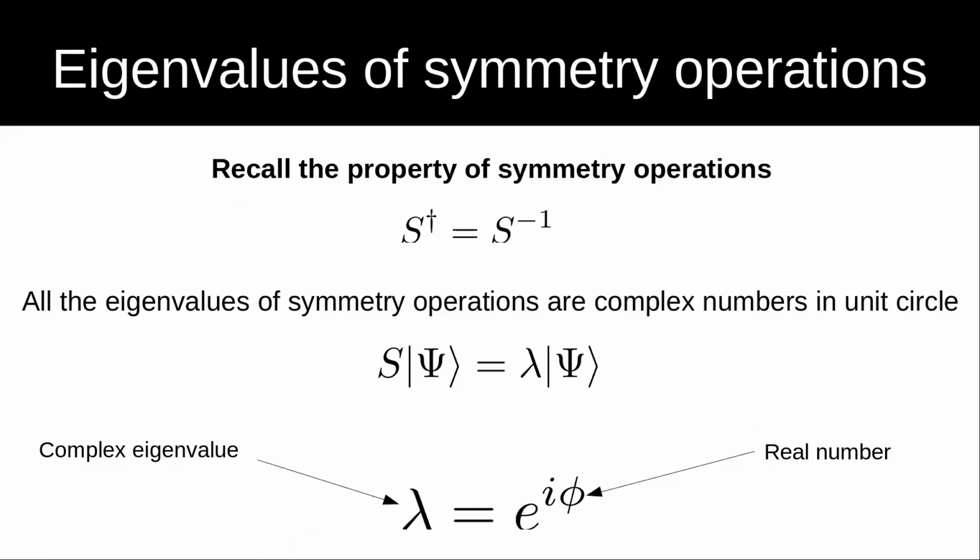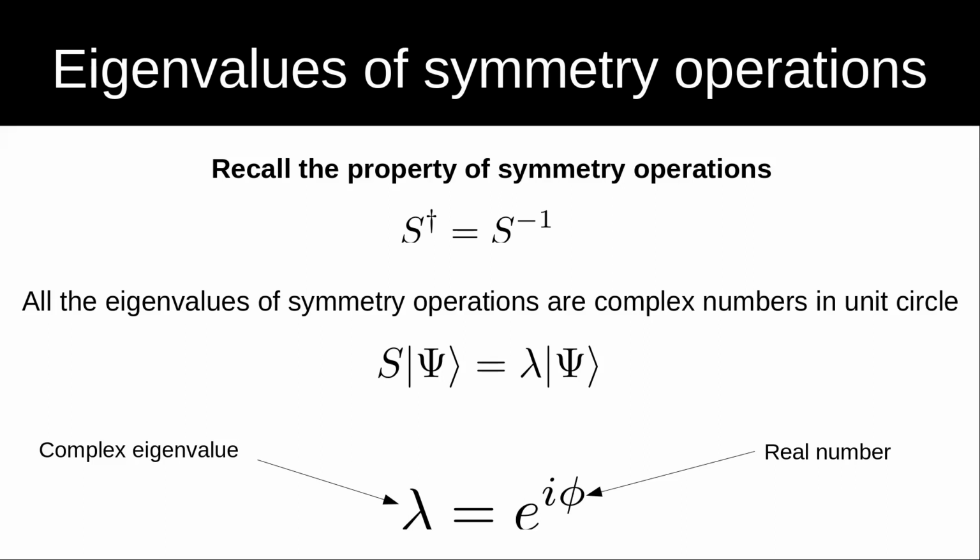Okay, so in general, symmetry operators have eigenvalues for any eigenfunction. The most important thing about these eigenvalues is that they always have norm 1, because they need to conserve the norm, and in general, they are complex values.